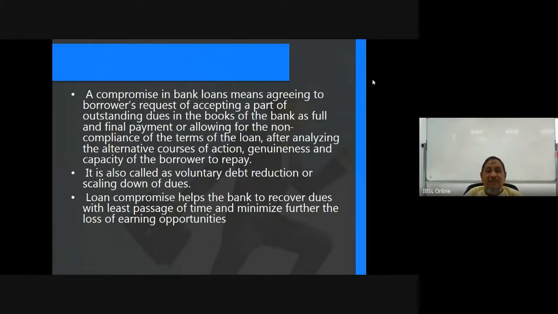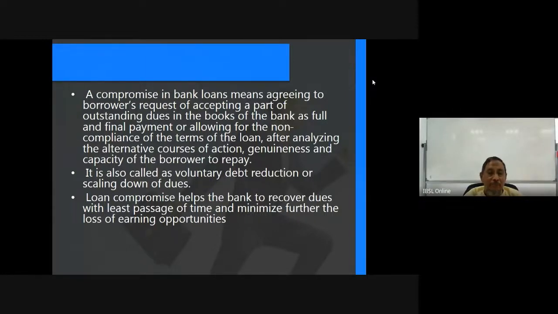Loan compromise helps the bank to recover dues with the least passage of time and minimize the loss of earning opportunities. Whatever is recovered today, you can invest in loans and earn profits, so the earning opportunities will increase.